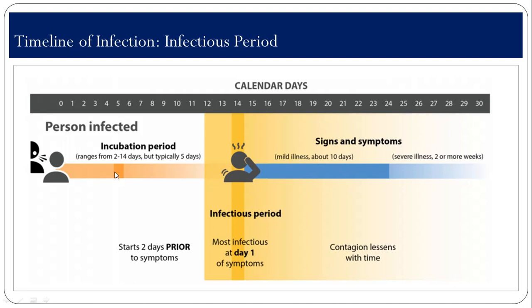Then you can see in the blue line, after they develop signs and symptoms, how long they will have the disease. And then in the yellow line you can see the time period that the person is infectious, and that means the time period when they can infect other people. This timeline shows that people can infect others up to 2 days before they themselves feel ill, particularly on their day of illness and throughout their illness period.